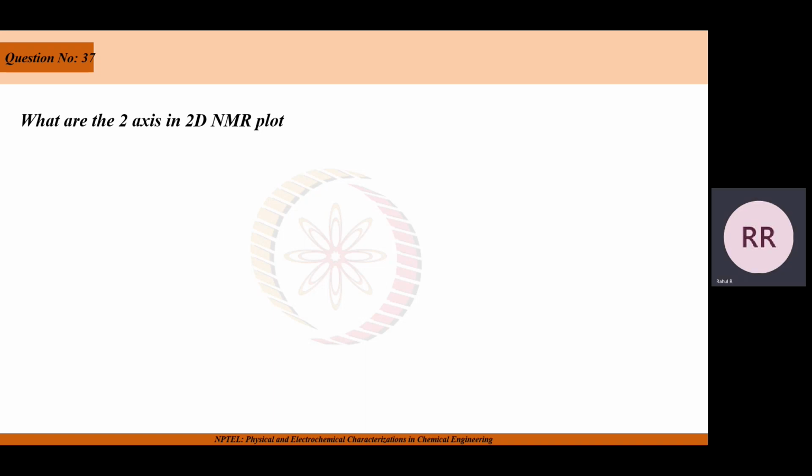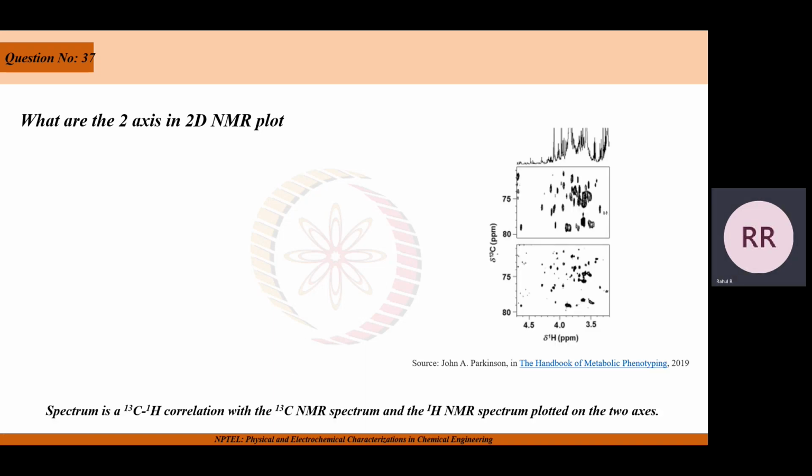Yeah, I think we can go forward. The answer to this question is that it correlates the spectrum of 13C-1H correlation. On one side it corresponds to hydrogen, which is a proton, and on the other side it corresponds to carbon-13. So these are the two axes.